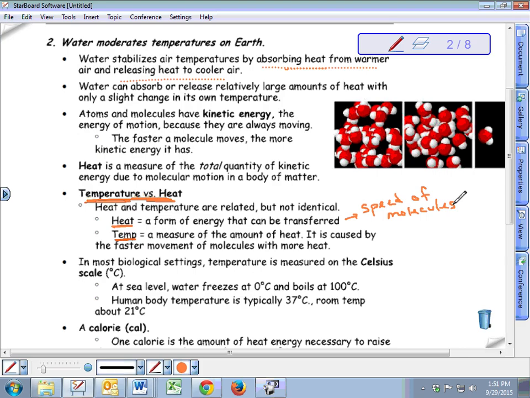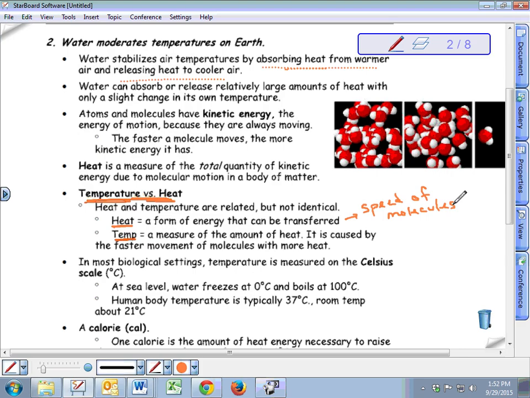Those little hydrogen bonds aren't strong enough to hold them together because they're all vibrating too fast until they break loose and take off on their own. And that's what creates temperature. The fast-moving molecules create the temperature, but the molecules moving fast is actually their heat.